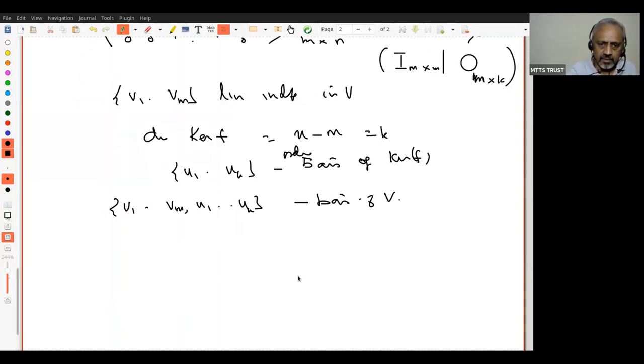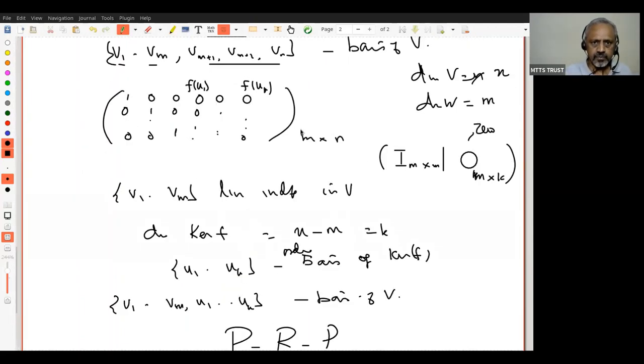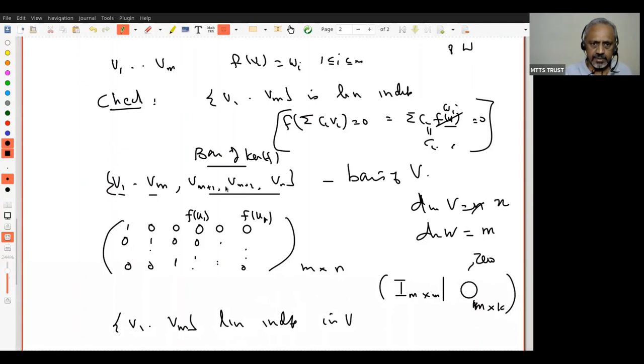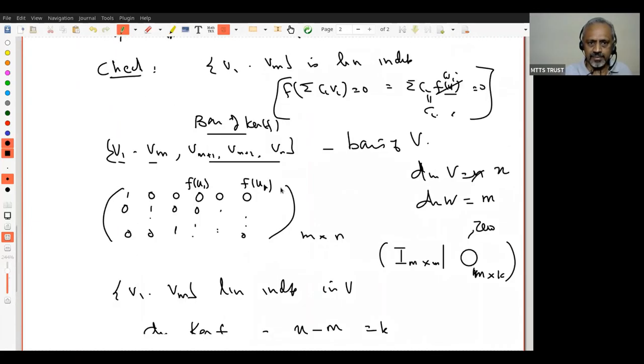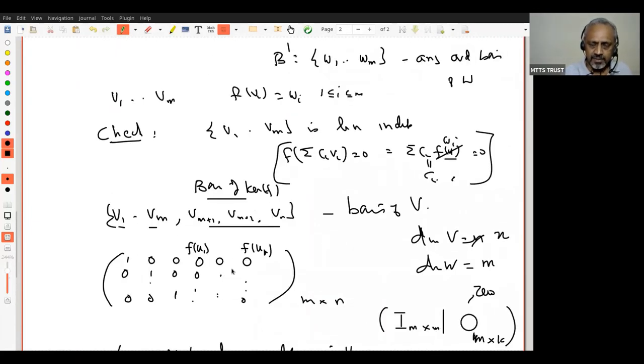Okay. Pause, review, proceed. You understood the trouble here? I could not extend to any basis because I do not know what will be f of Vm plus 1 here. But if I choose Vm plus 1, Vm plus 2, up to Vn as the basis for the kernel, then I'm happy. Then I can make it. See? You understand?